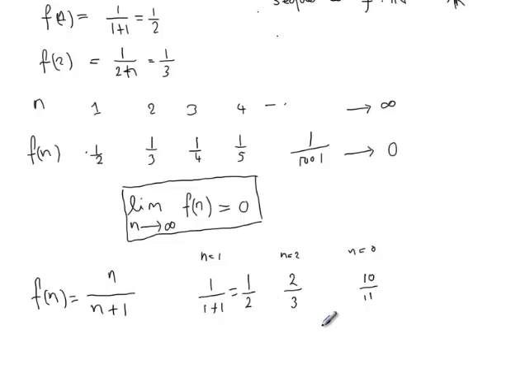I think yes, because half of 11 will be somewhere like 5 something over 11, isn't it? But then there's still 1 over 11 to add, so it's more than half. And you can check that. So it looks like as n is growing, the sequence is also going to grow.